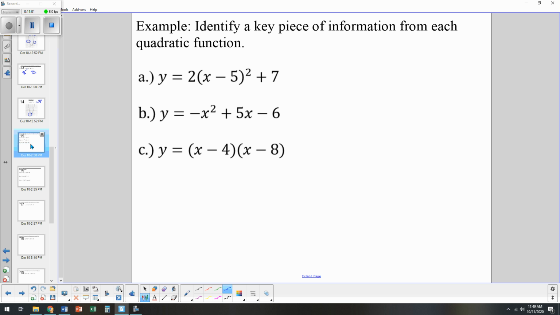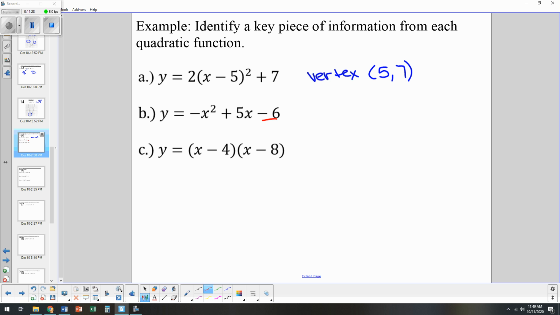So we should be able to take out a piece of key information from each of these functions based on what form they're in. So for A, it's written in vertex form. So I automatically can tell for A that my vertex is opposite of the inside, same as the outside. So my vertex would be (5, 7). In B, this is standard form.